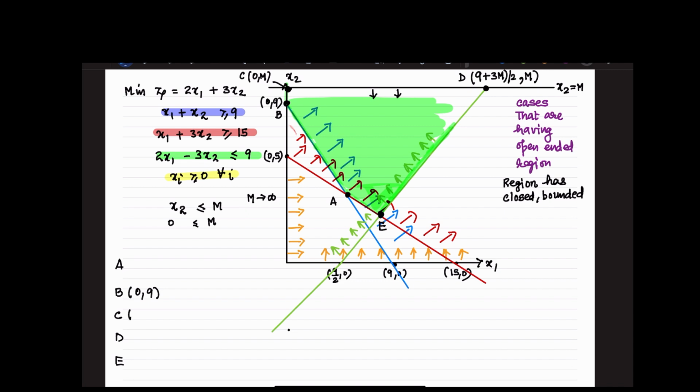C का corner is 0, capital M. D का corner is 9 plus 3M by 2, M. तो कौन से corners निकालने हैं? A and E. So A is at the intersection of the red constraint and the blue constraint.